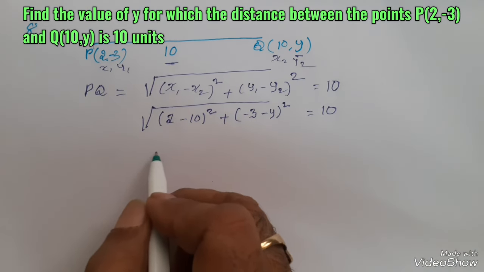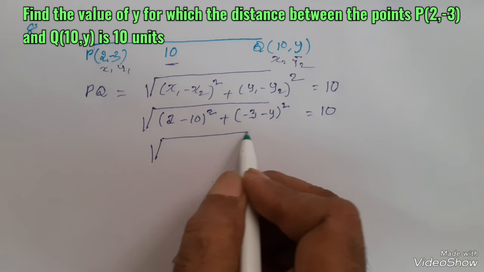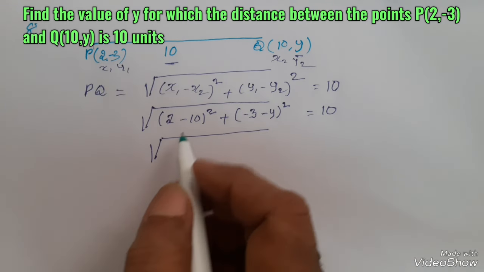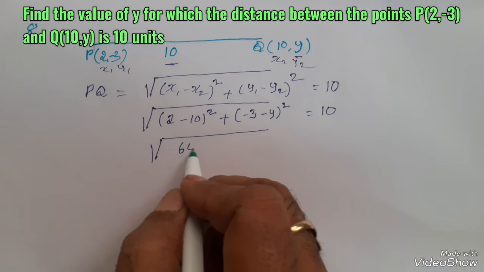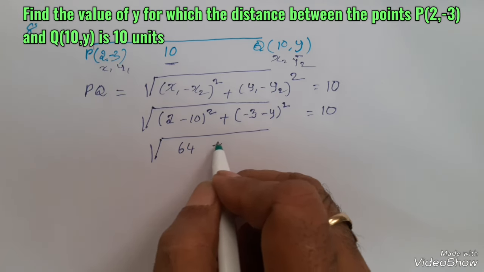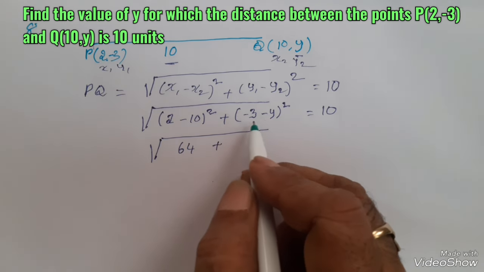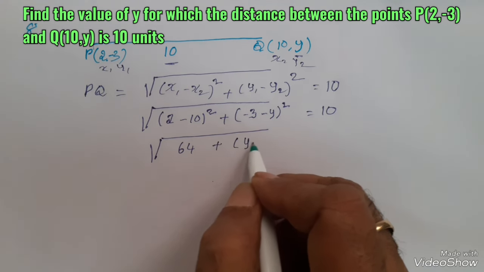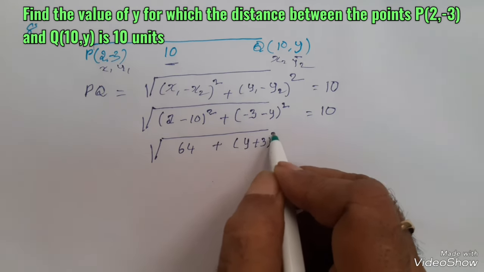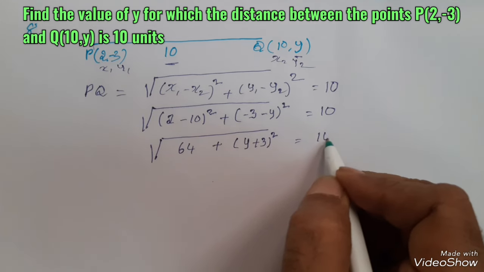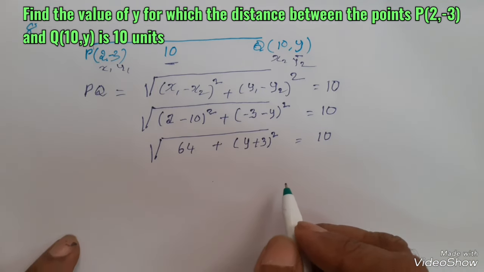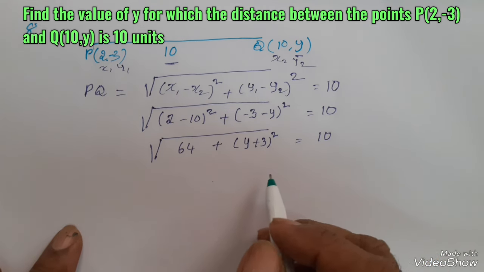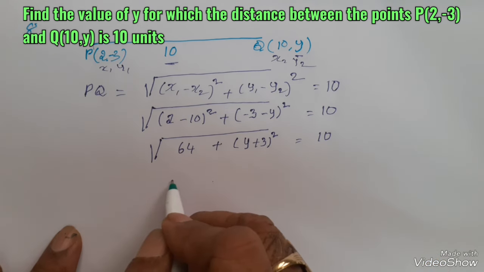Then here you can have square root of (2 minus 10) is minus 8. Minus 8 square means 64. Plus, here both are the same sign, so we have to do addition. So you can write (y plus 3) whole square equal to 10. Now if you want to find the y value, squaring on both sides.